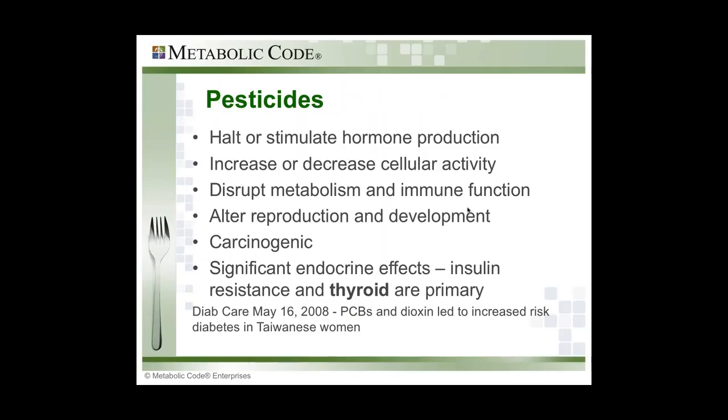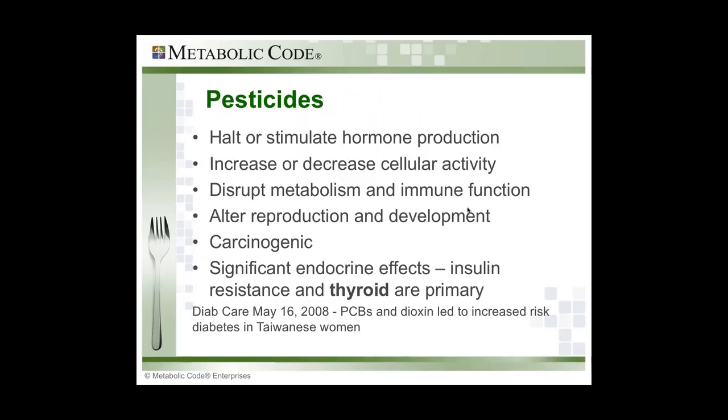The studies are really elucidating what goes on. We know that a lot of these pesticides will halt or stimulate hormone production. For example, phthalates stimulate like estrogens, which again, remember I said excess estrogen is bad for thyroid, because it increases thyroid binding globulin.